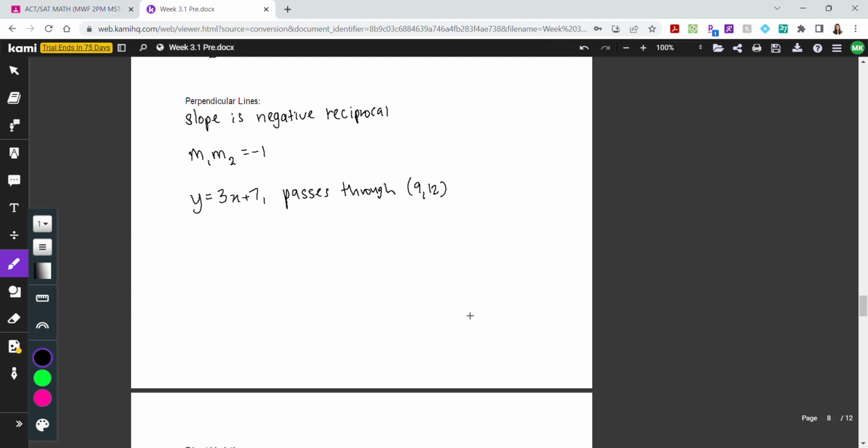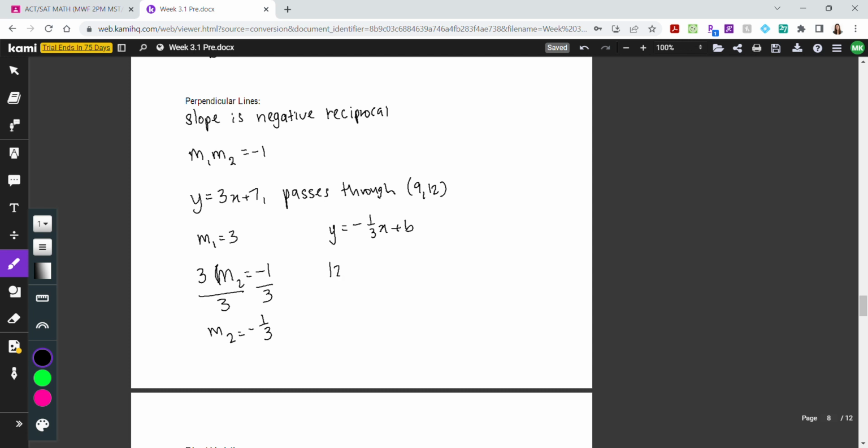Because we know m1 is 3, we're going to plug that into the formula. m2 equals negative 1. Divide everything by 3. So m2 is going to be negative 1 over 3. So now we can write our perpendicular line as y equals negative 1 over 3 x plus b. We're going to find b by plugging this in.